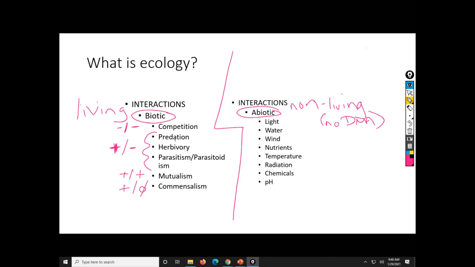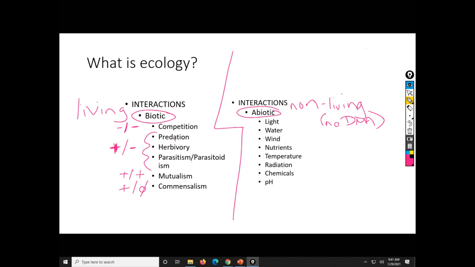So things like light and water, for example, just take the top two. We can imagine how much light or water is available to organisms can certainly affect them. How much they grow, how much time they get to spend hunting. How warm they are. If they get enough to drink. So all of these things certainly matter.